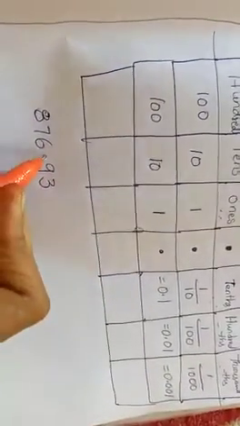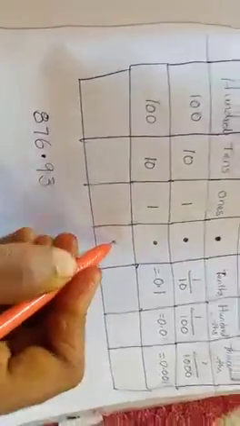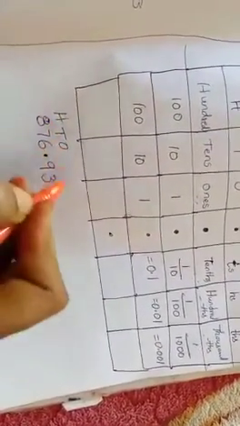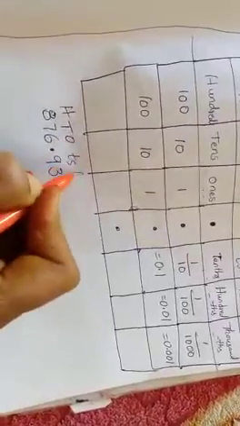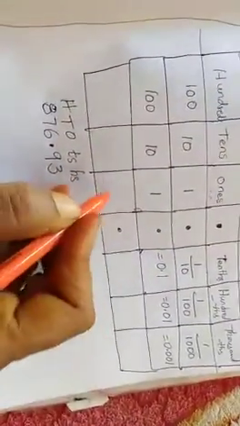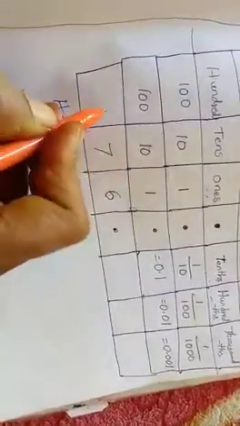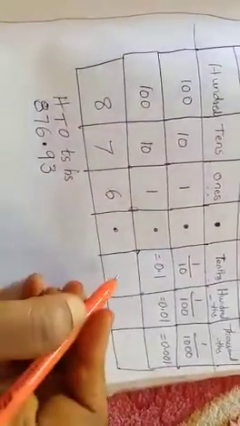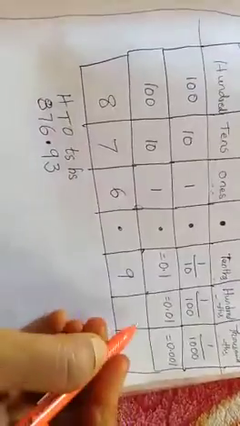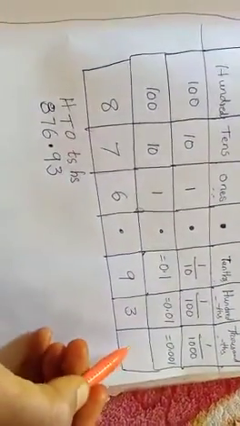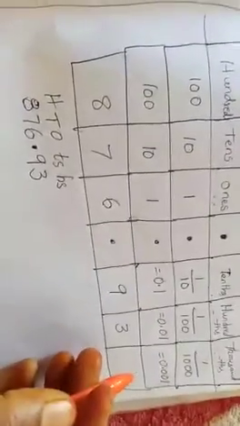First you have to place the decimal point. This is the ones place, tens place, hundreds place. This is the tenths place, this is the hundredths place. So place 6 in the ones place, 7 in the tens place, 8 in the hundreds place, 9 in the tenths place, 3 in the hundredths place. Now nothing is there, you can place 0 also, no problem.